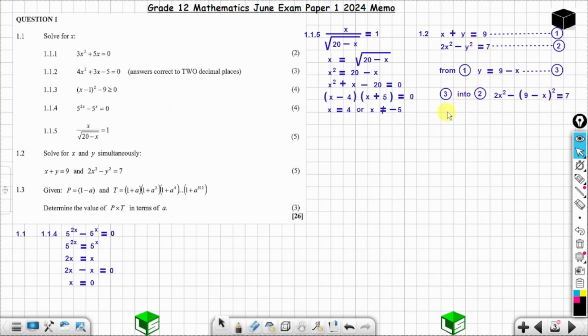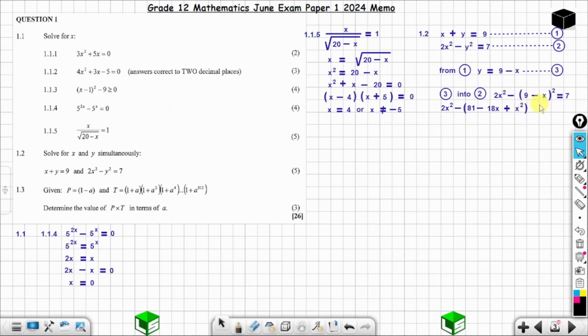You have 2x squared minus, let's expand what we have in the bracket. 9 squared is 81. You multiply 9 times minus x and then times 2: 9 times minus x is minus 9x, times 2, you are going to have minus 18x. And then minus x times minus x, you have plus x squared.